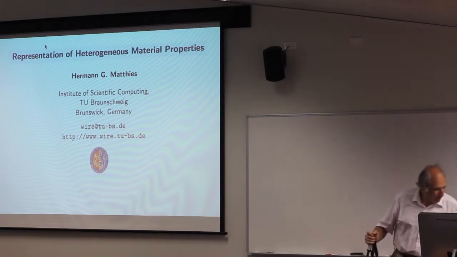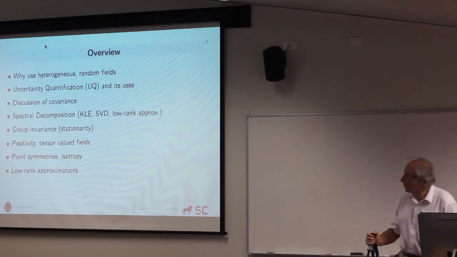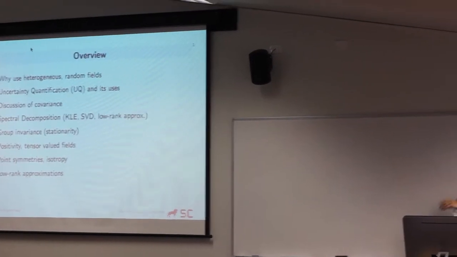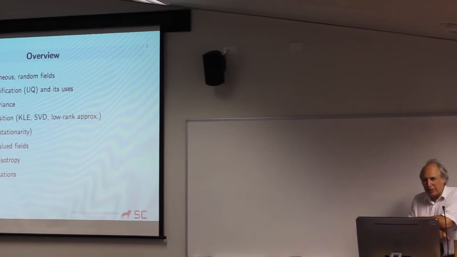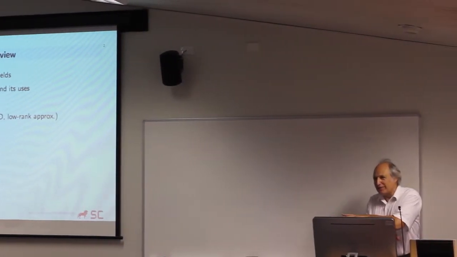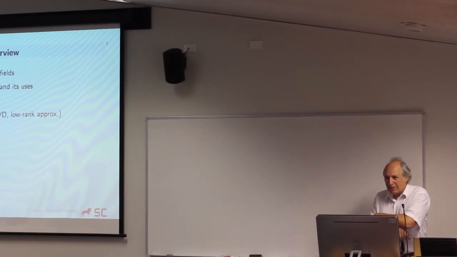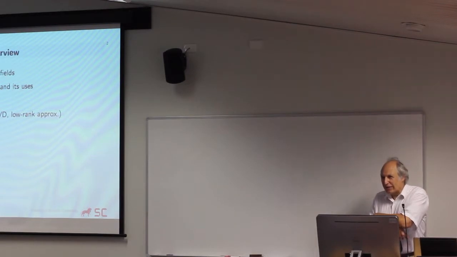So let me give you a little overview. First of all, why use heterogeneous random fields? For me, heterogeneous means also random. Heterogeneous means that we don't really know what the material properties are. And so this is an uncertainty or lack of knowledge or whatever you want to call it.